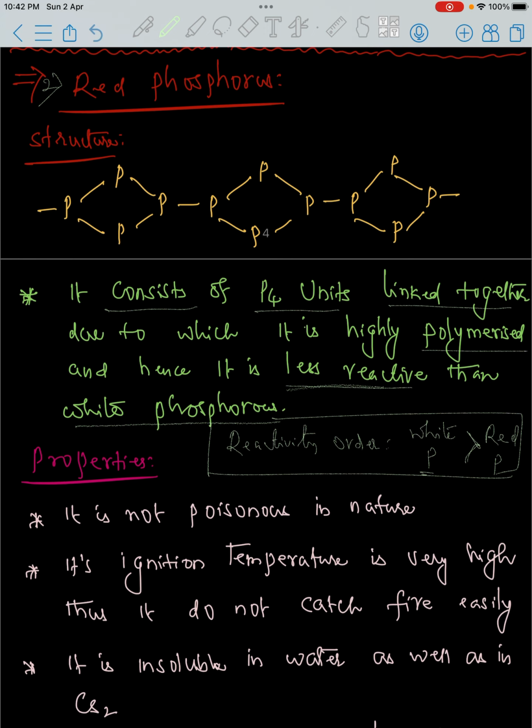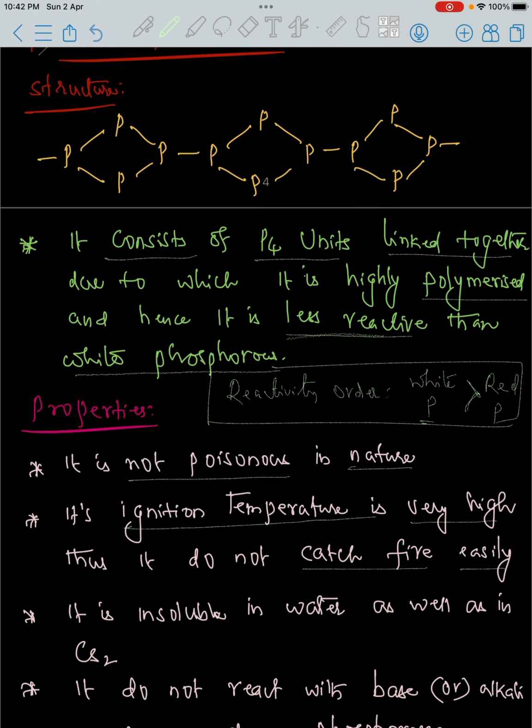Let us see the properties of red phosphorus. Red phosphorus is not poisonous, whereas white phosphorus is poisonous. Its ignition temperature is very high, so it does not catch fire easily, whereas white phosphorus catches fire easily. It is insoluble in water as well as in carbon disulfide.